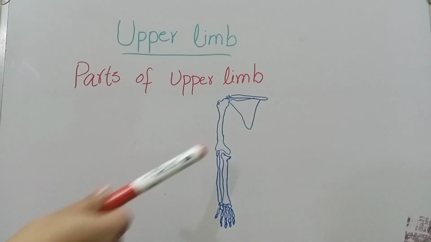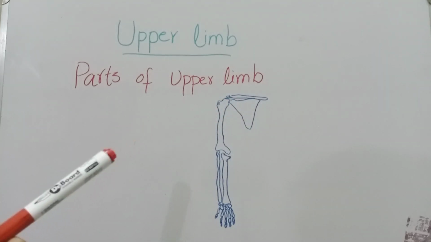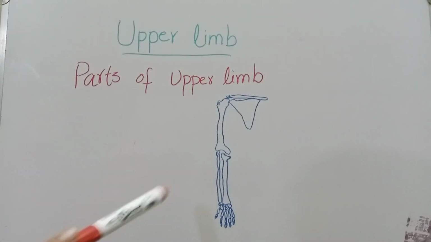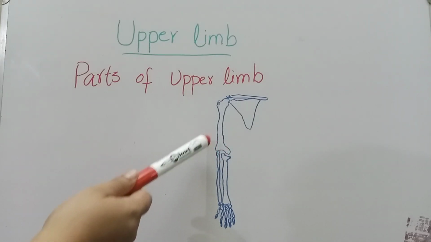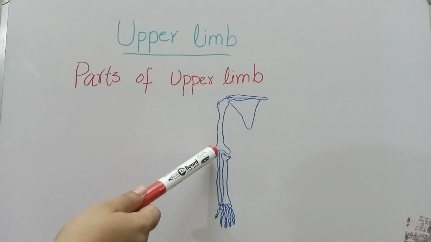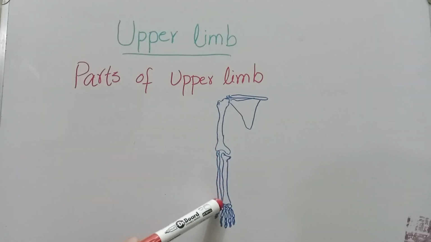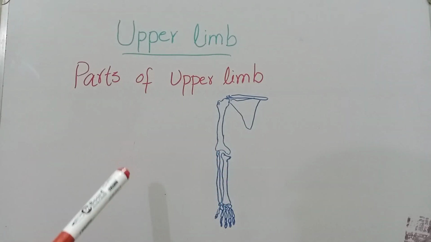First of all, the shoulder region, then the arm, which extends from the shoulder to the elbow joint. Then the forearm, which extends from the elbow to the wrist joint, and then the hand.